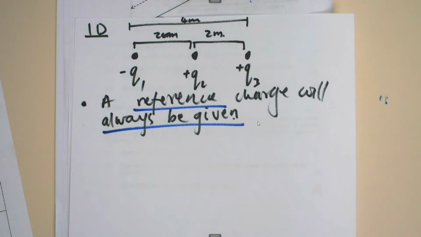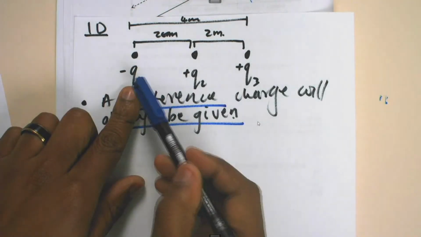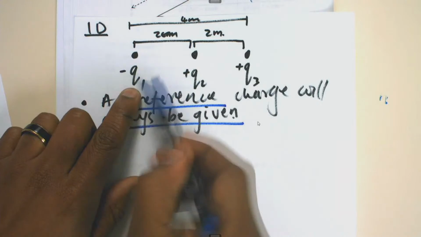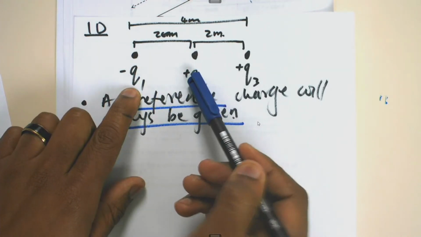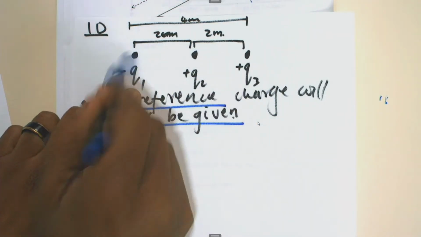Even if we are calculating for FNet experienced by a charge, it will be easy to say calculate the resultant force or net force experienced by Q1 due to Q2 and Q3. So the reference charge in that case will be Q1.